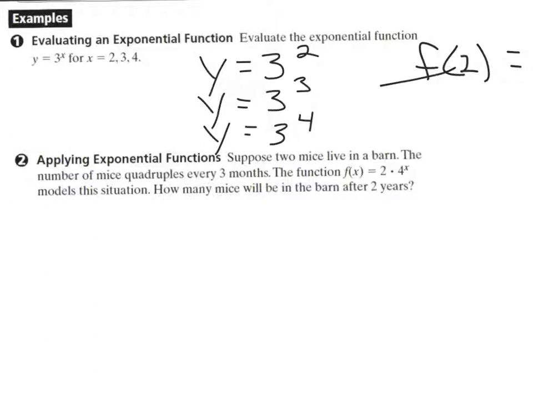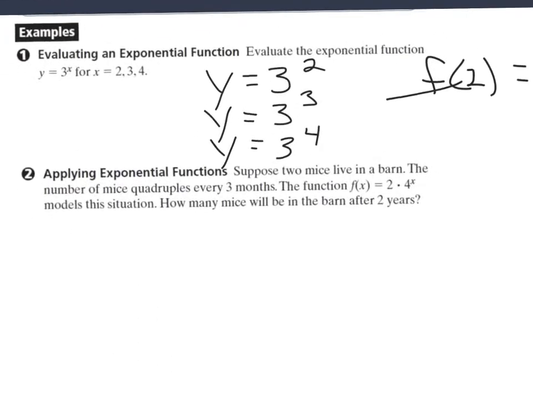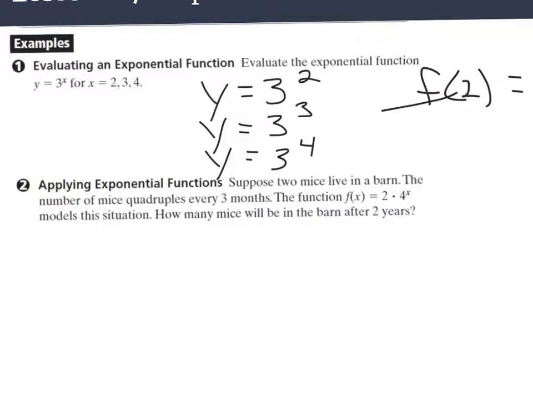And we're going to do a couple of examples in our next lesson, creating these exponential functions in which our initial value is 2 because we have 2 mice, and then we're told that they quadruple every 3 months. Okay, so we have this function, and we're going to replace the x with what number?